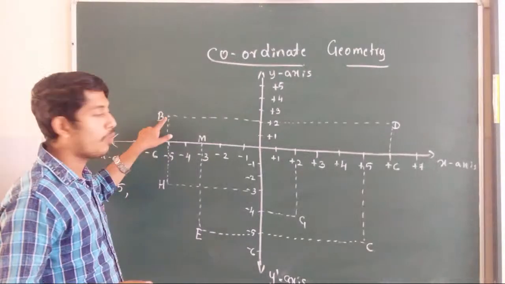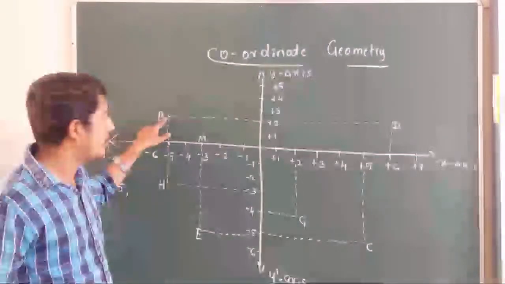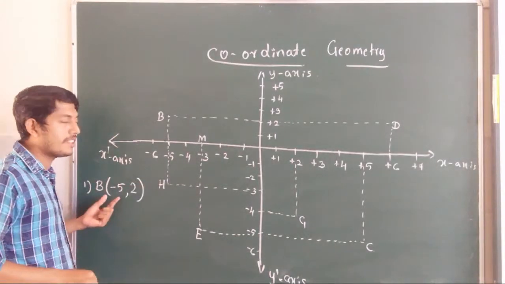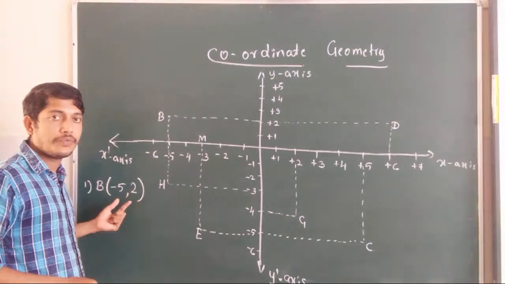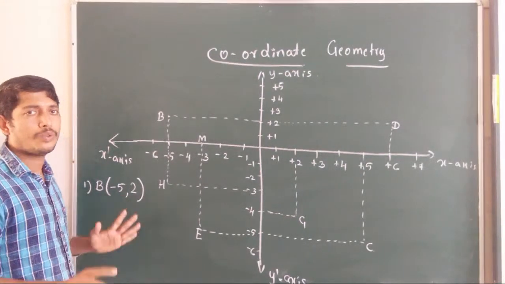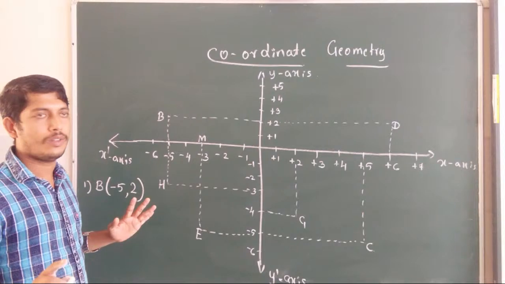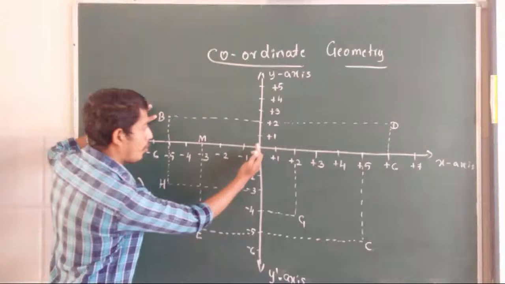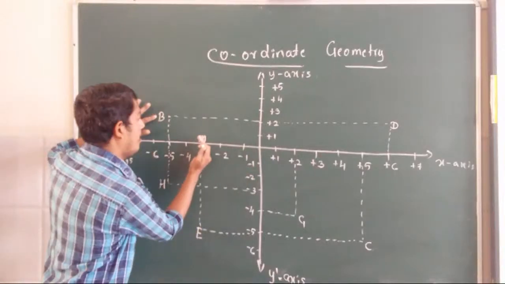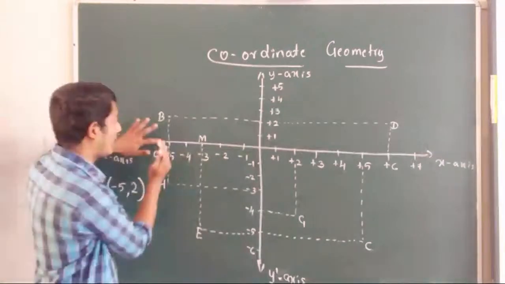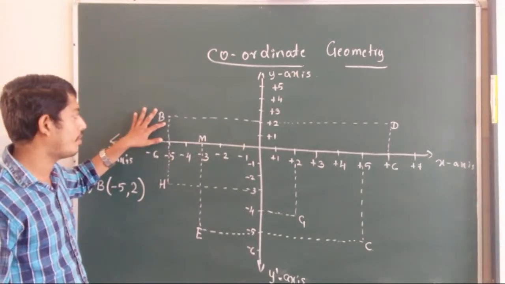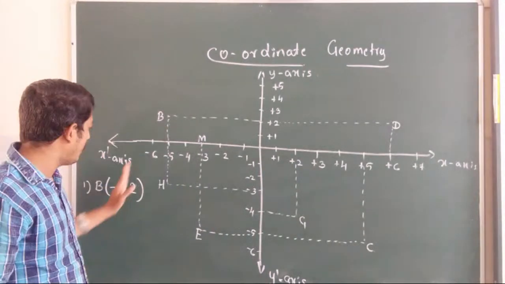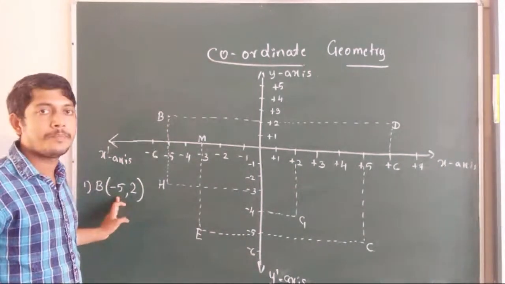Then I will go for the y-axis. The y-axis value is 2. So the x value is minus 5 and the y coordinate is 2. Point B is here from the origin: minus 1, minus 2, minus 3, minus 4, minus 5. Totally it traveled a distance of minus 5 from the origin along x, so the first value is minus 5.